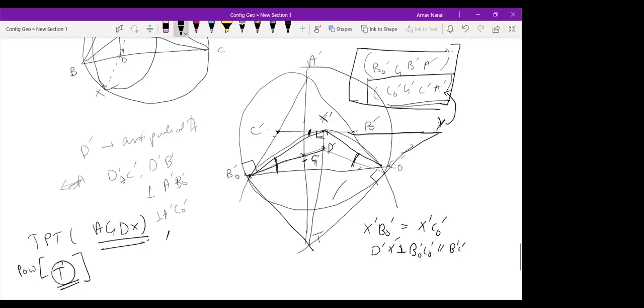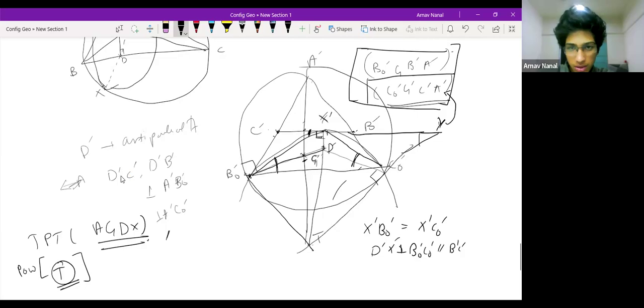Yes, by angle chasing, because C'YO' is equal to A, because TY is perpendicular and the symmetrical point makes an isosceles triangle, so that's A, and then C'AO' is also A. Yeah, okay, I mean this one.